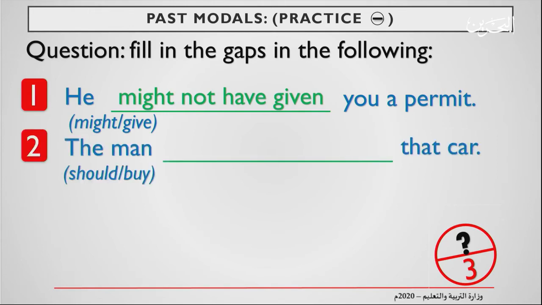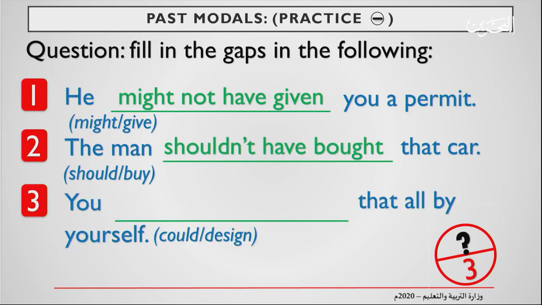Number 2, the man, gap, that car. You should use should plus buy. 5 seconds. Let's check the answer. The answer is shouldn't have bought. Shouldn't have bought. All right, number 3.